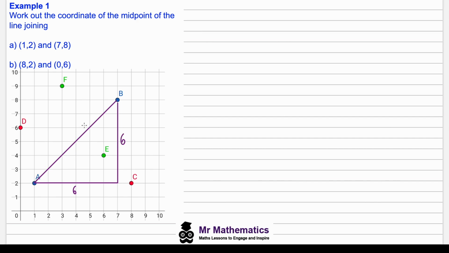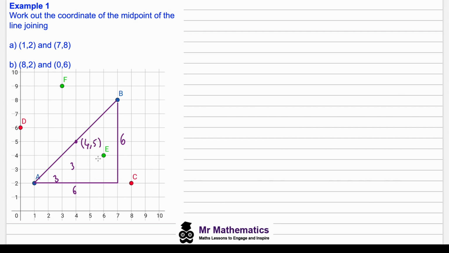So this is the full distance. The half a distance will be half of 6 across and half of 6 going up. And this will be 3 and 3. So we'll have this point, which will be at 4 and 5.